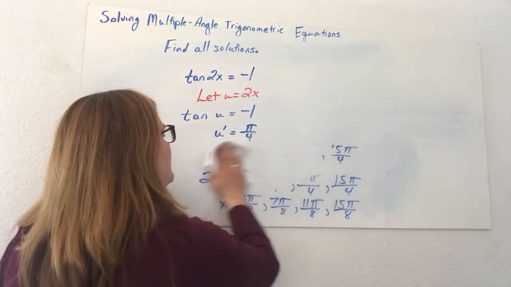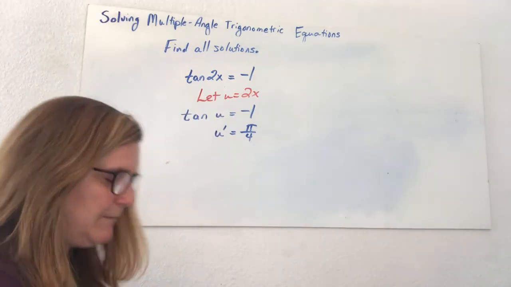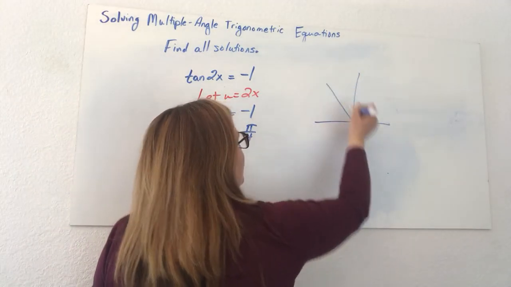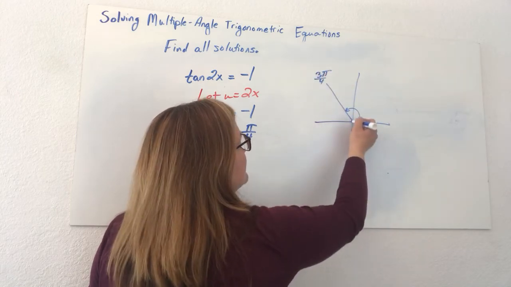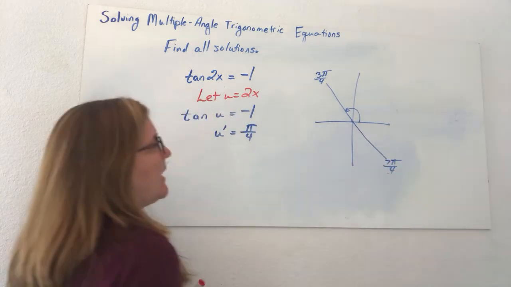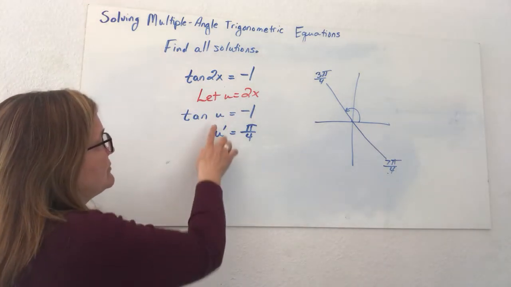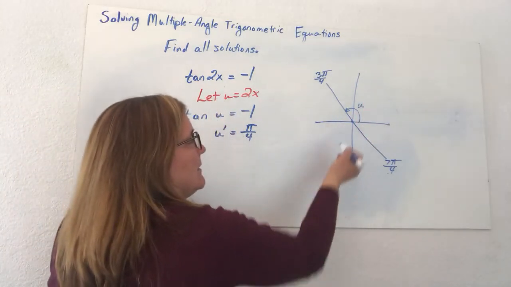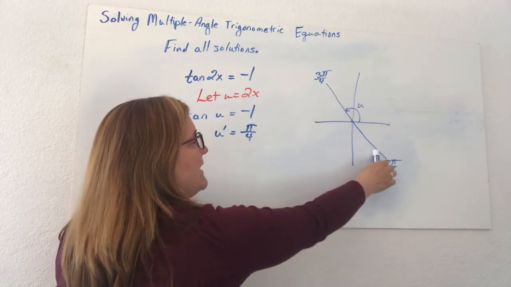We know that 3 pi over 4 was over here, and 7 pi over 4 was over here. We were looking for all solutions to this equation with the u, and the solutions would be those that were coterminal with 3 pi over 4 and 7 pi over 4.